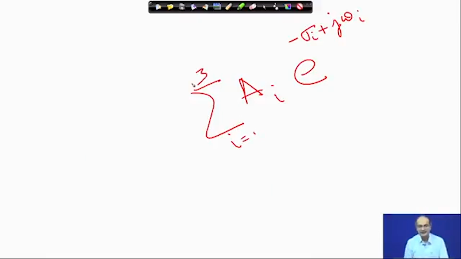In such a signal, we can get the spectra, and we can plot the time domain signal.